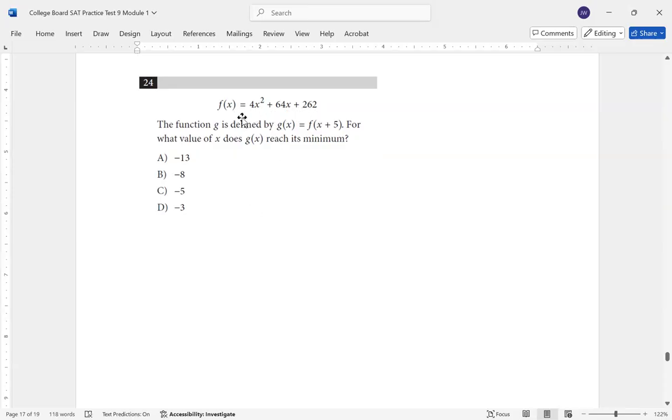This, I notice, is a quadratic equation. Moreover, it has a positive coefficient on the x squared. So I know that I'm getting a parabola here that is pointing up, which means the minimum value of this function is going to happen at the vertex of that parabola.